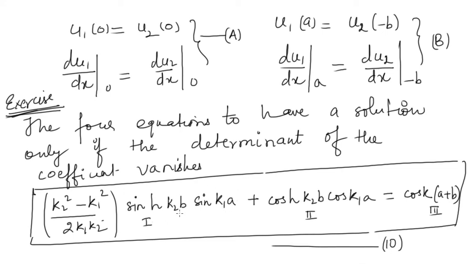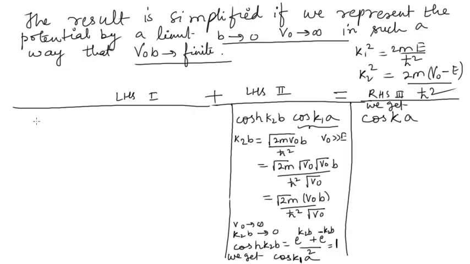Sin hyperbolic k2b, here k2 has V naught b, here also k2. Okay, so I'll just copy this term here. What do I get? k2 square minus k1 square upon 2 k1 k2, sin hyperbolic k2b, sin k1a. Okay, now what do I get in this term?